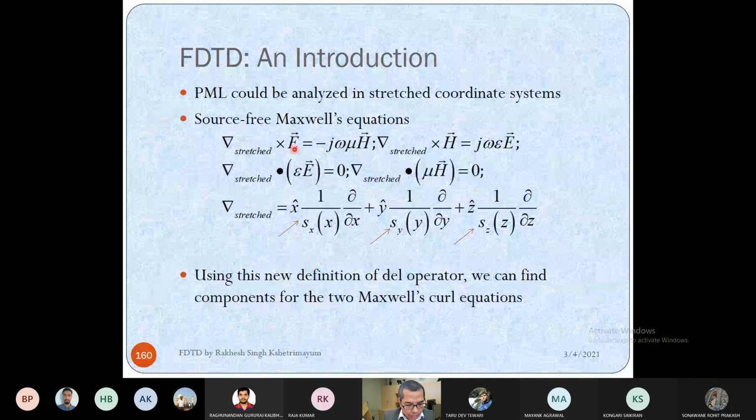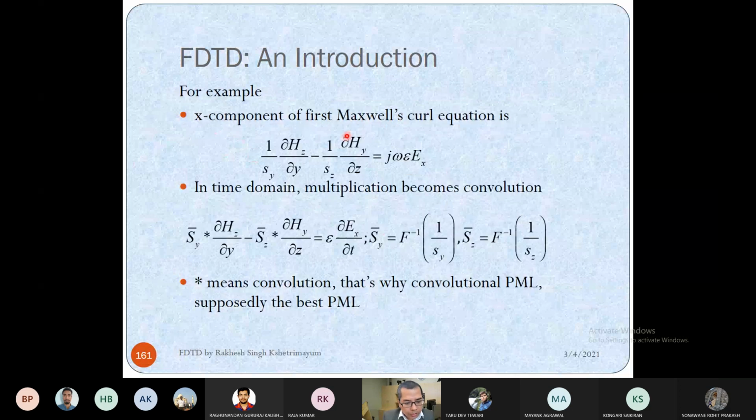Because of this, I can decompose this equation into three components, one for x, one for y, and one for z. For the x component of the first Maxwell curl equation, you can write: 1 by sy del Ez by del y minus 1 by sz del Ey by del z is equal to j omega epsilon Ex. So let us look closely at what this equation does.